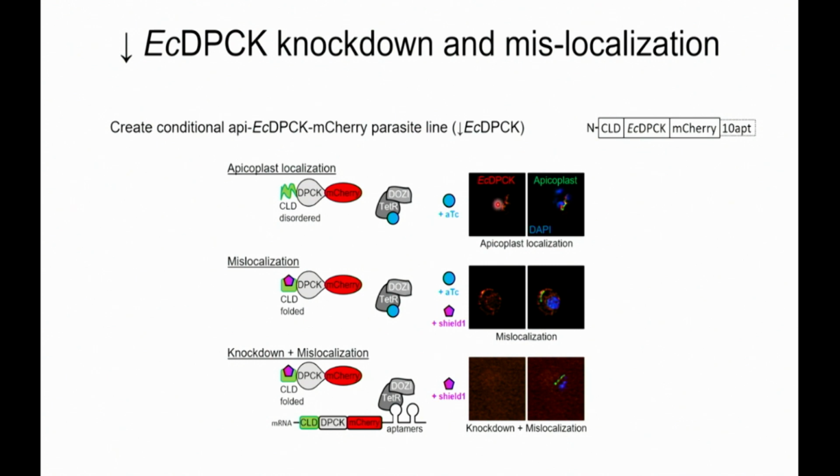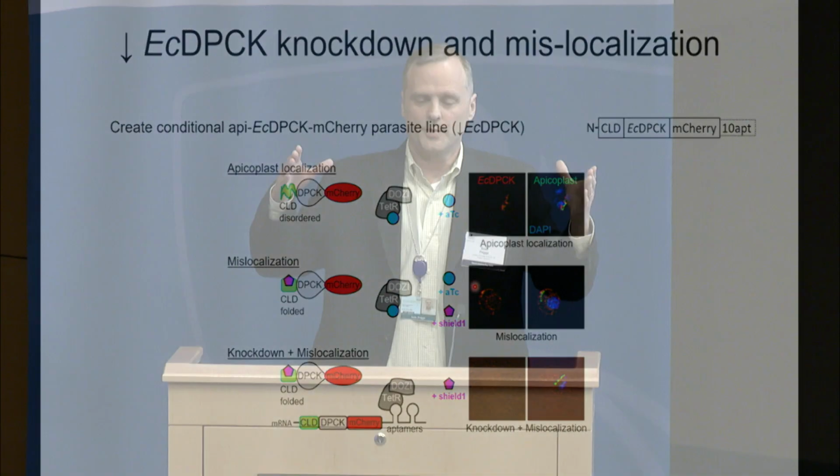So it goes from being an apicoplast localized protein to being in the secretory pathway, and also you see an accumulation in this annular space outside of the parasite, outside of the plasma membrane, but trapped inside the vacuolar membrane. So this is now secreted outside of the cell in a controllable way with this ligand. So that removes it from the apicoplast.